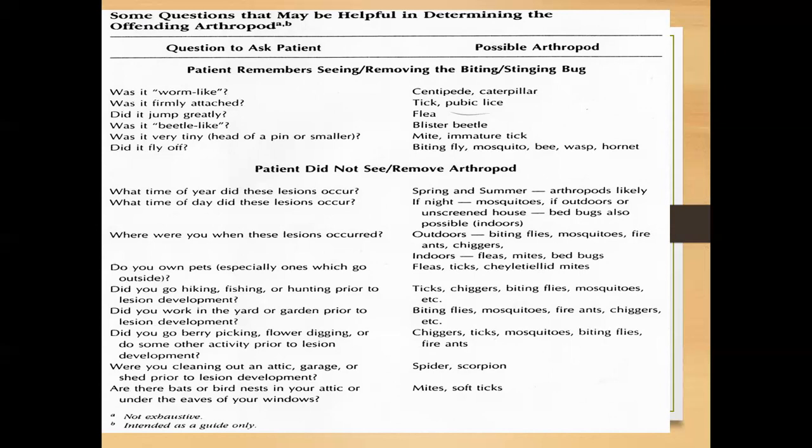If the patient remembers seeing or removing the biting or stinging bug, then what do you ask? Not all people can tell you exactly what it was, because not all have the ability to comprehend or tell what type of animal it is.